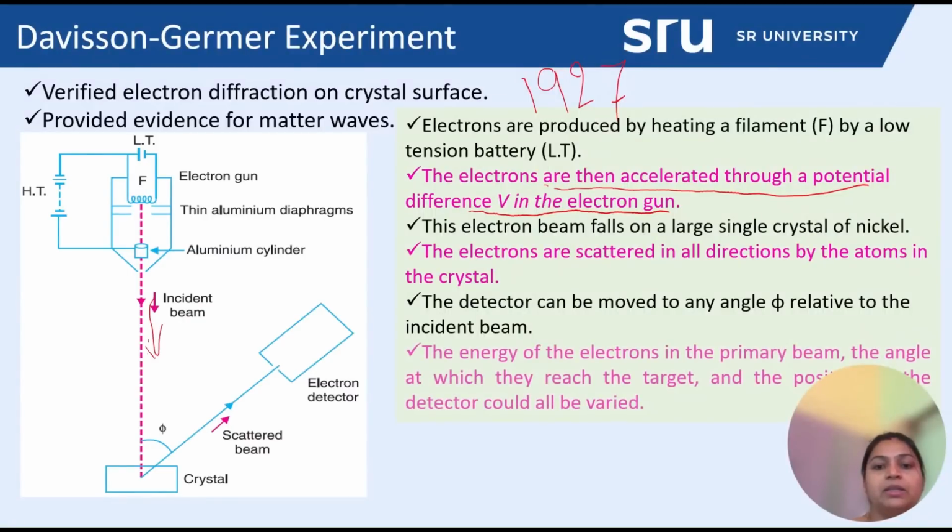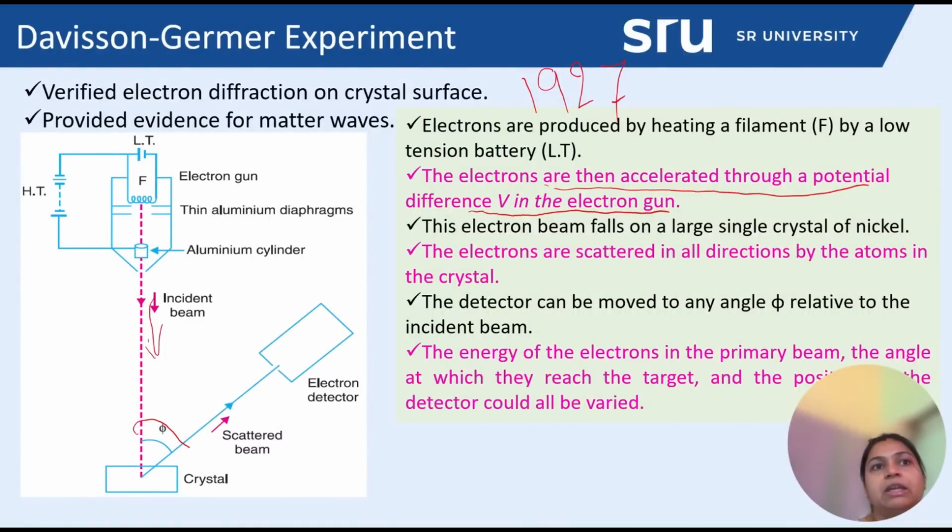The energy of the electrons in the primary beam, the angle at which they reach the target, and the position of the detector can all be varied.